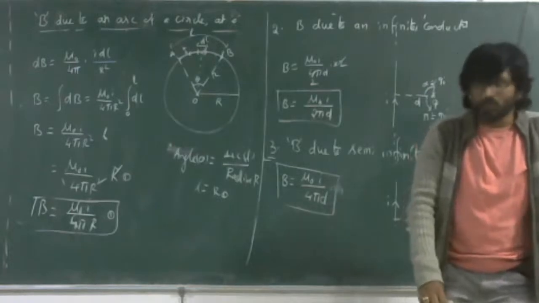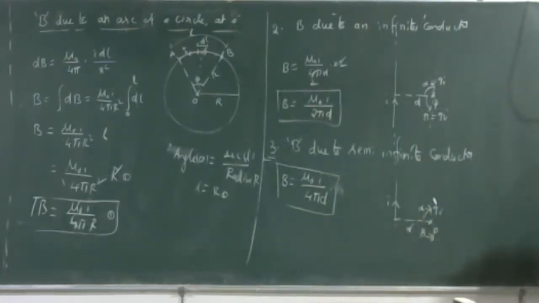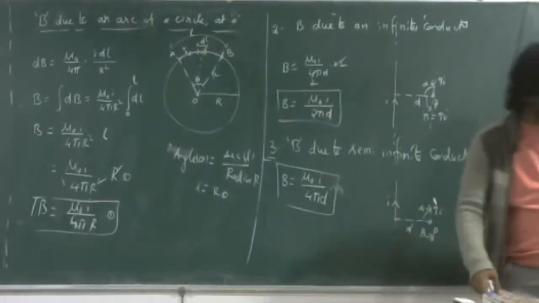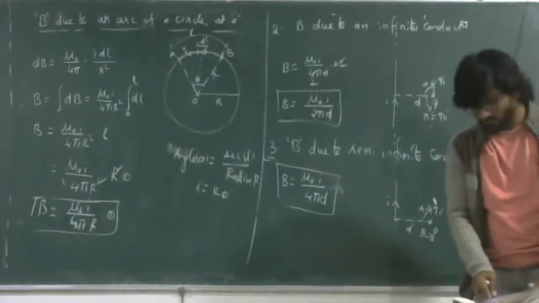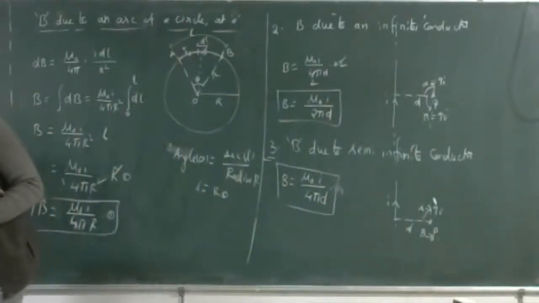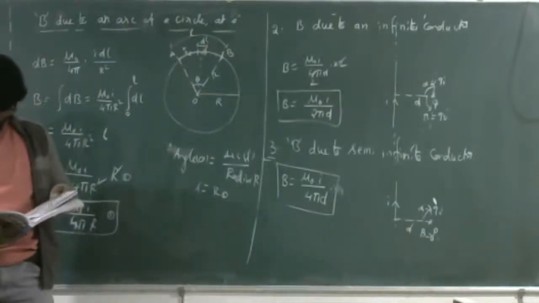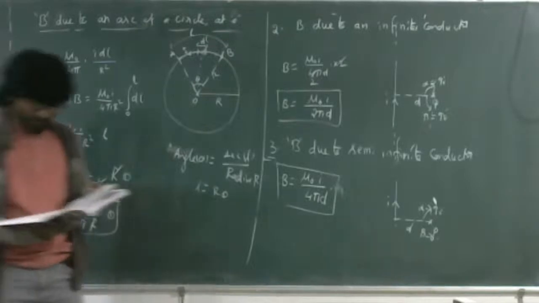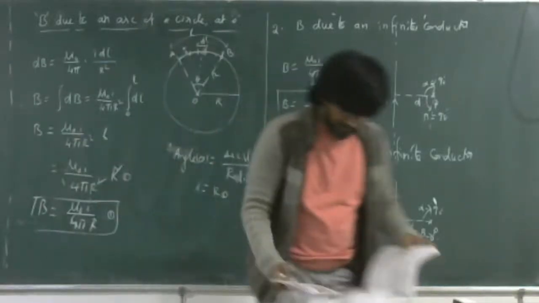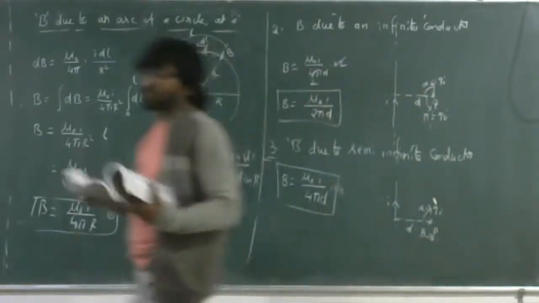So by making use of this, now let us do two questions. Open your volumes. We have half an hour. Let us see one simple question based on exactly this.